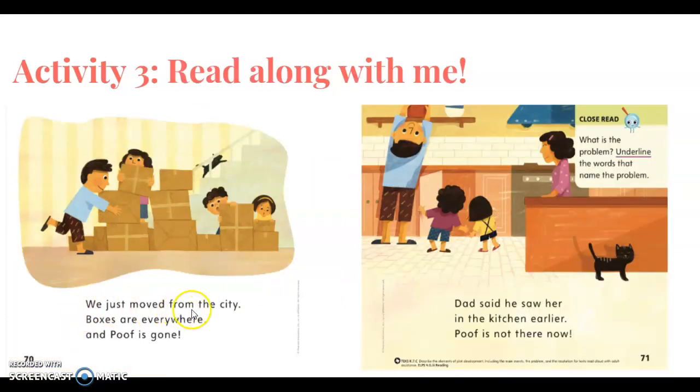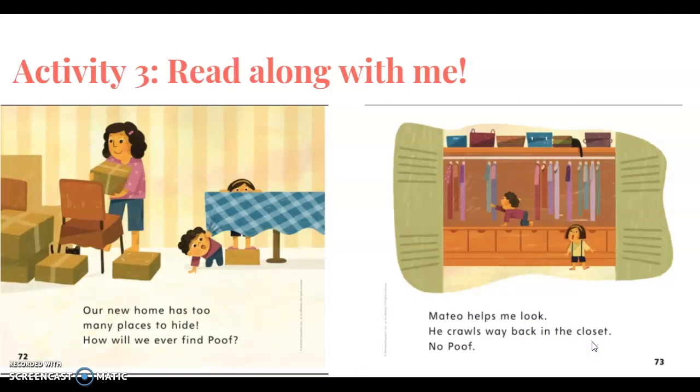We just moved from the city. Boxes are everywhere, and Poof is gone. Dad said he saw her in the kitchen earlier. Poof is not there now. Our new home has too many places to hide.